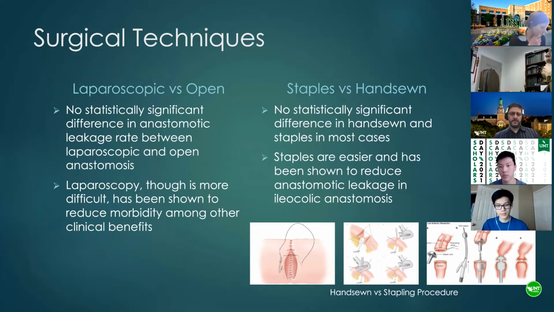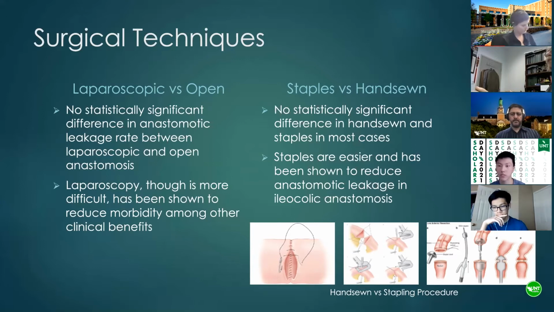And so laparoscopic surgeries are when you make a small incision, in contrast to open surgeries where a large incision is made to perform the surgery itself. And although there is no statistically significant difference between the anastomotic leakage rates between these two types of surgeries, laparoscopy, although it is more difficult, has been shown to reduce morbidity amongst other clinical benefits, which is why it's more preferred.